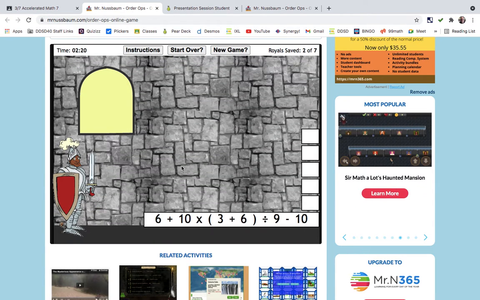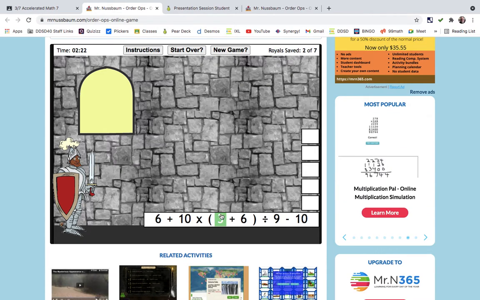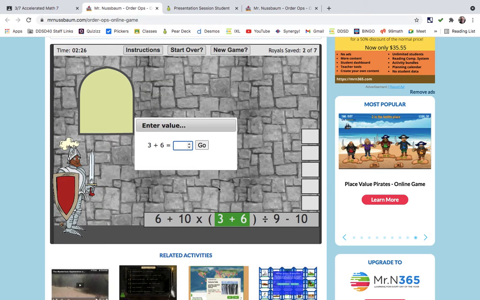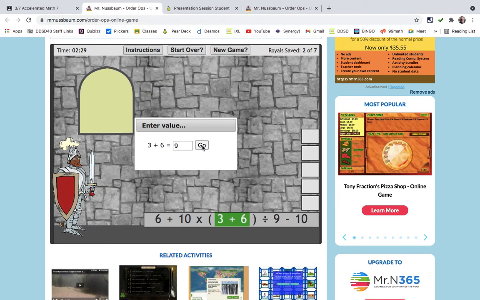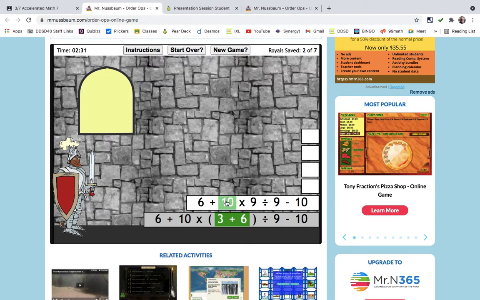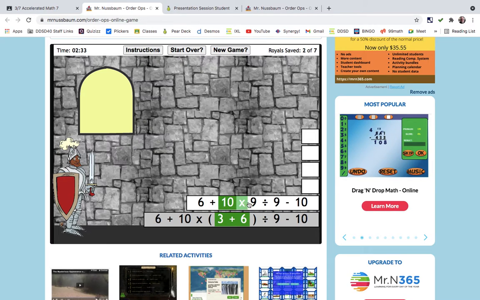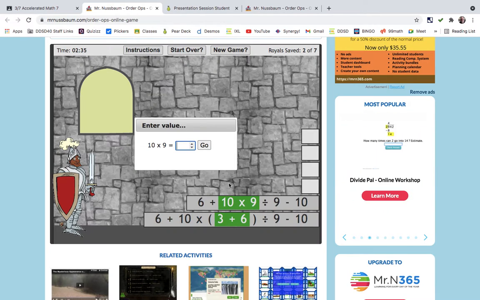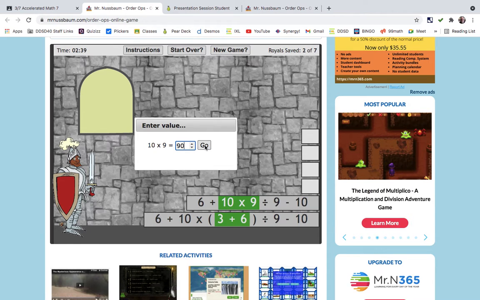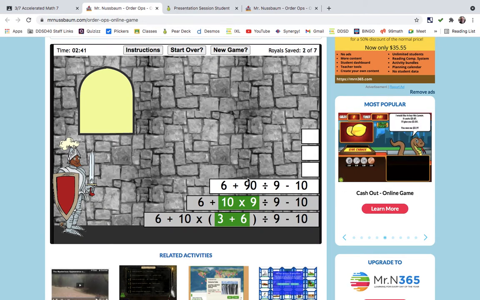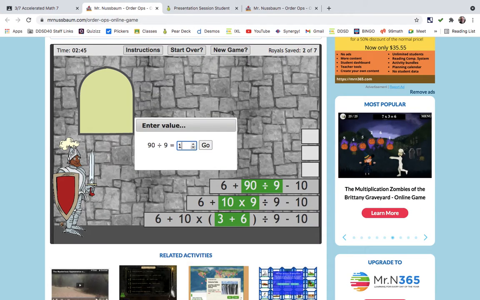Okay, here is the last one I'm going to do. This is in parentheses. I'm going to do it first. The next thing I see is multiplication to the left. I'm looking left to right. I'll do one more after this. And then I'm going to do 90 divided by 9. That's 10.